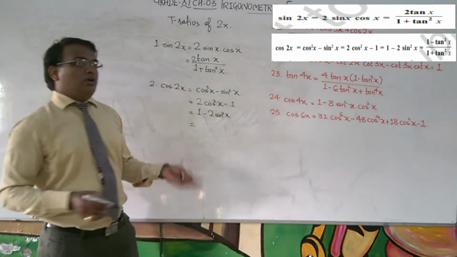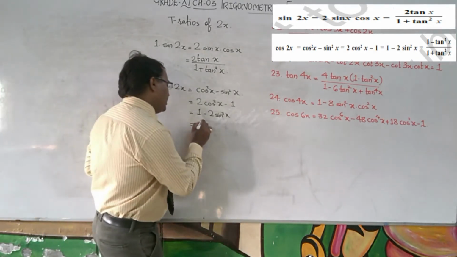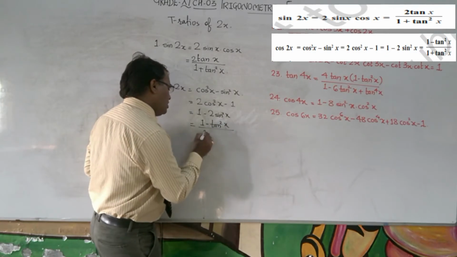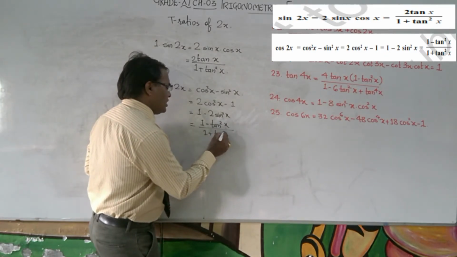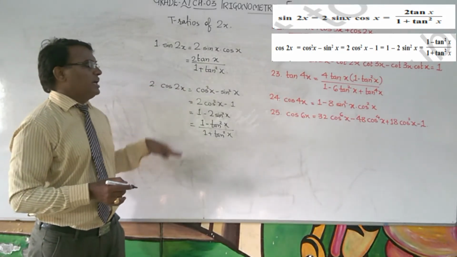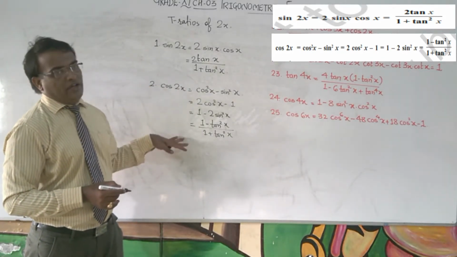It can go beyond this also, where it will take the form of 1 minus tan square x upon 1 plus tan square x. So in place of cos 2x you can use any of the given 4 values.